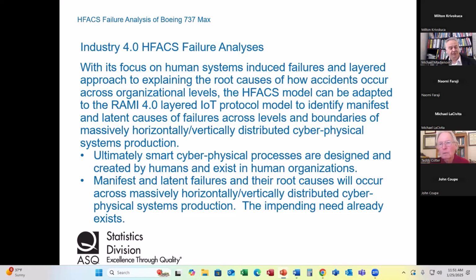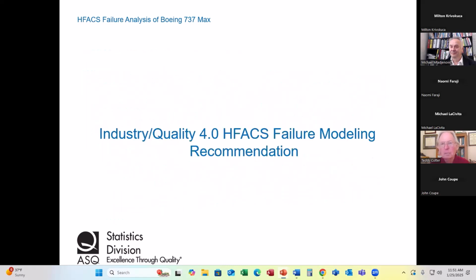Manifest and latent failures and their root causes will occur, guaranteed, across massively horizontally vertically integrated distributed cyber physical systems production. The impending need already exists.